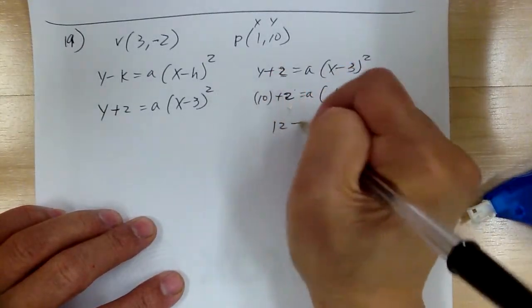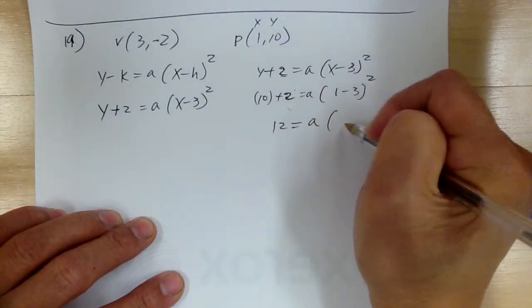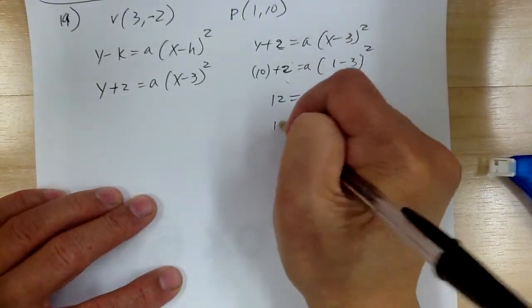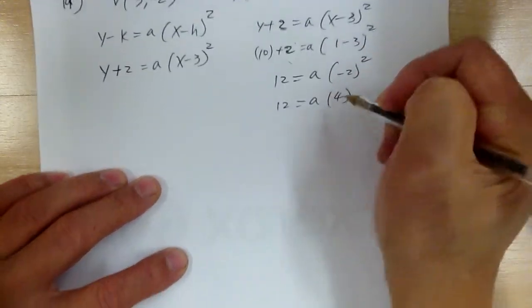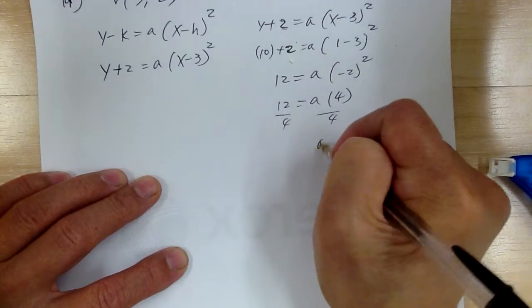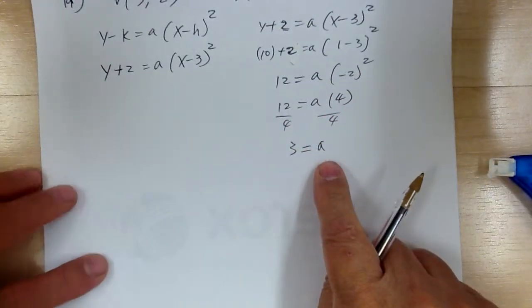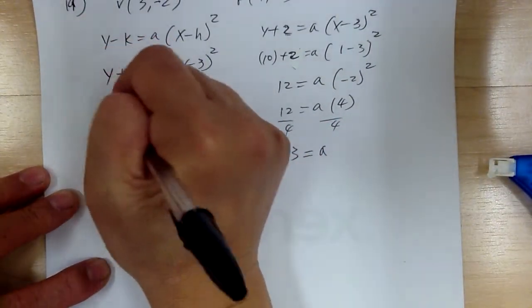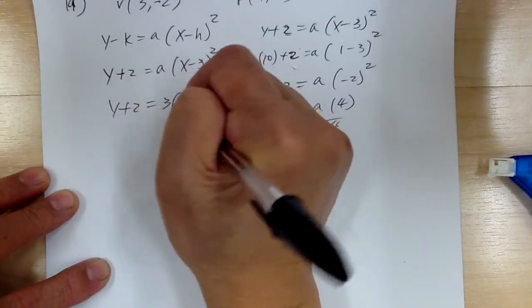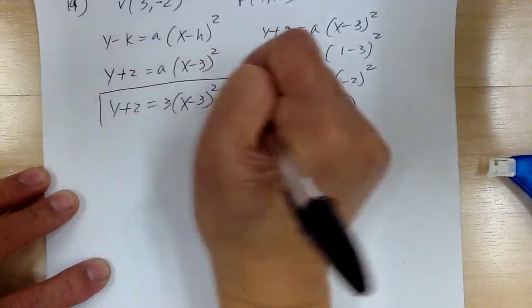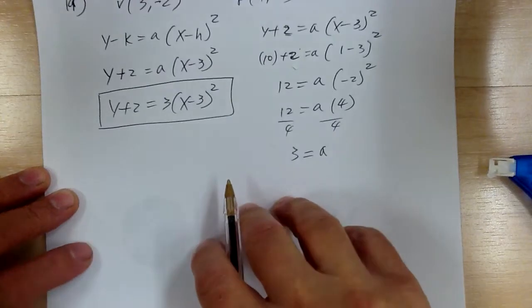So you have 12 equals a times (-2) squared. So 12 equals a times 4, divided by 4. So you get a equals 3. Once you find a equals 3, you substitute into here. And that would be the answer for number 19.